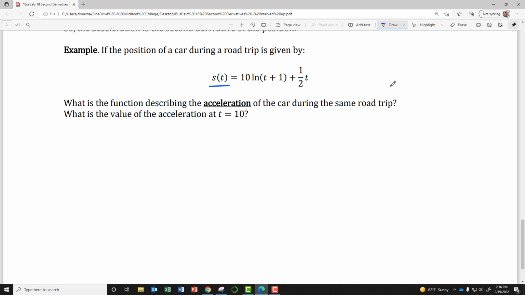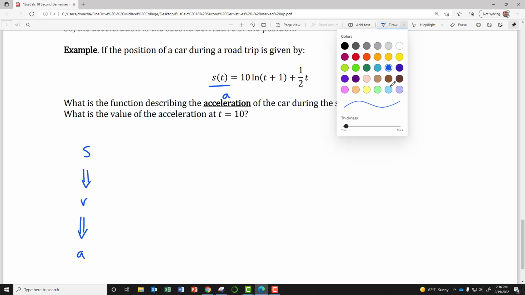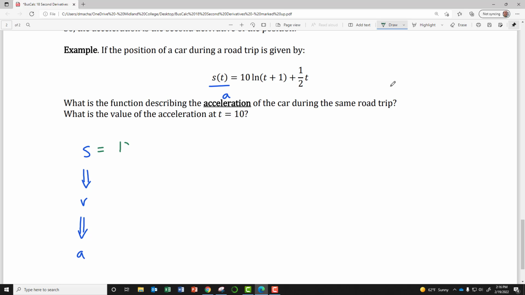Well, before I jump to acceleration, I remember that taking the derivative of position with respect to time actually gives me velocity, and then taking the derivative of velocity with respect to time gives me acceleration. Well, let's just take the first derivative with respect to time and figure out what that gives me for a velocity equation. So I've got 10 times natural log of t plus 1 plus 1/2 times t.